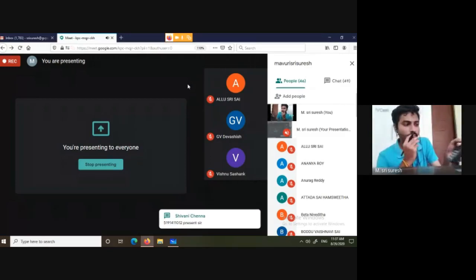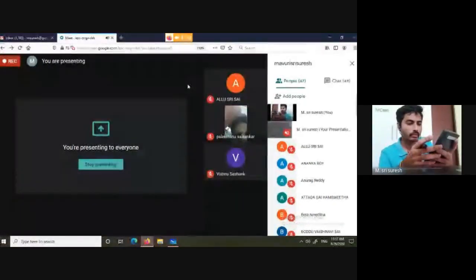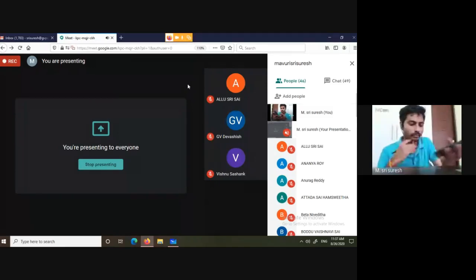Now see here in my calculator, I use shift and mode. First, press the mode button.